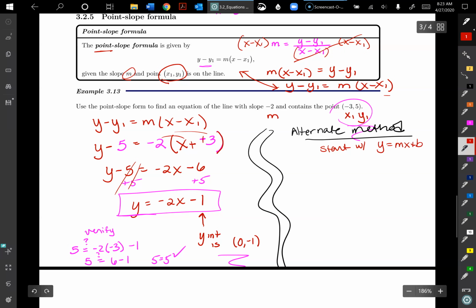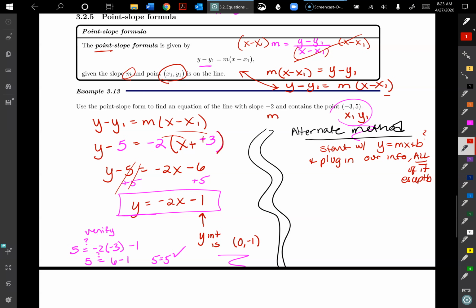A lot of people really like this method. And we can plug in our info. Plug it all in. All of it. Except b. Because we don't know b. B is a question mark.